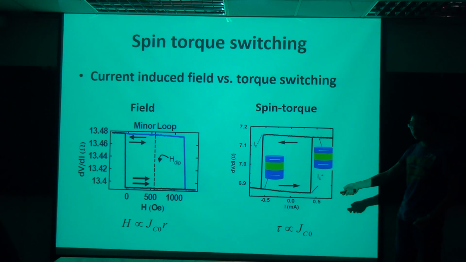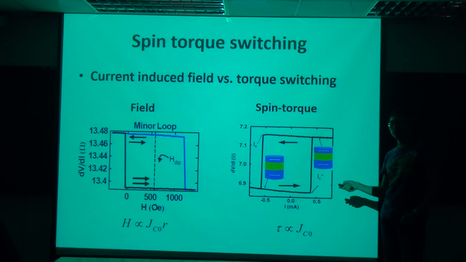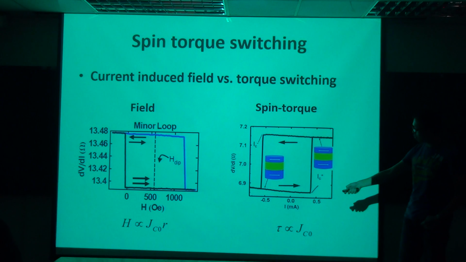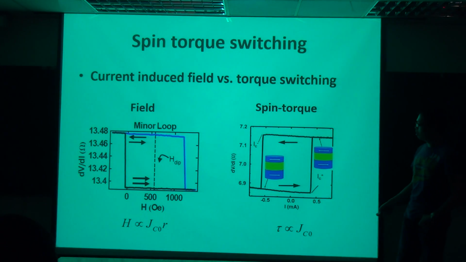So if you try to shrink the size of your device or wire, then the external field that you can apply becomes smaller and smaller. So you have to increase the critical switching current density, the current density that you send into your device, to get the switching.